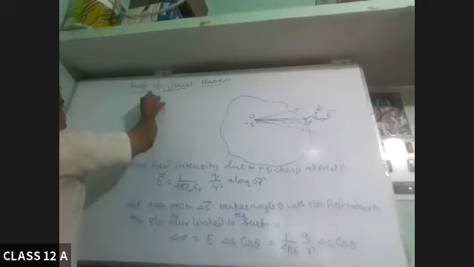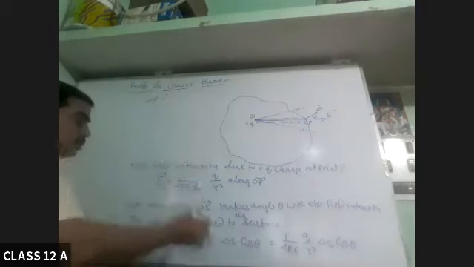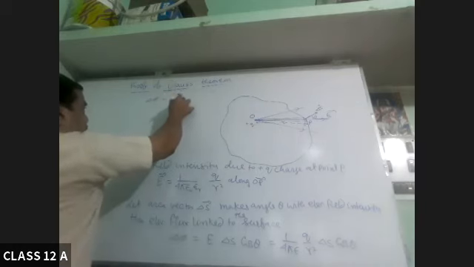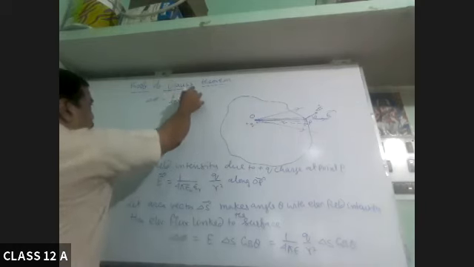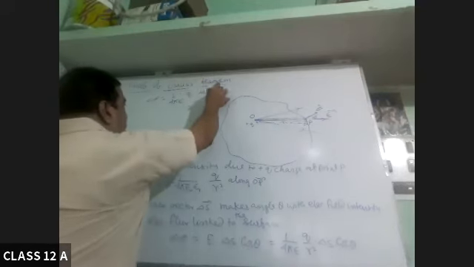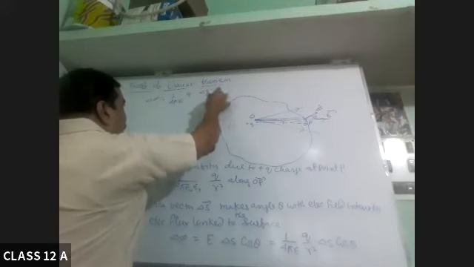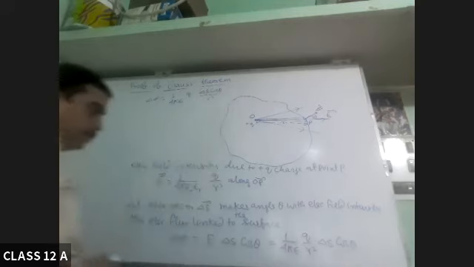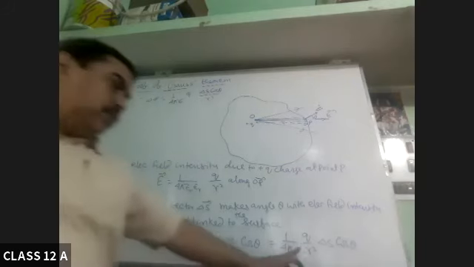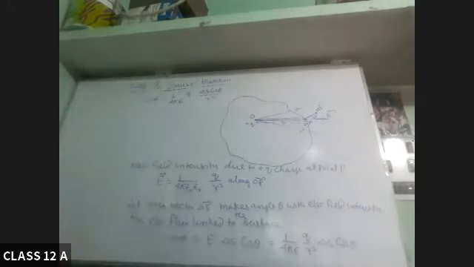So this delta phi we are writing as 1 by 4 pi epsilon Q delta S cos theta over R square. So this R square we have written here.